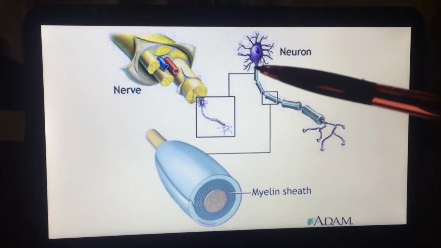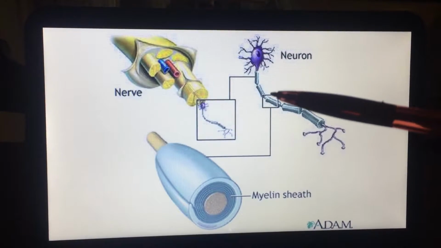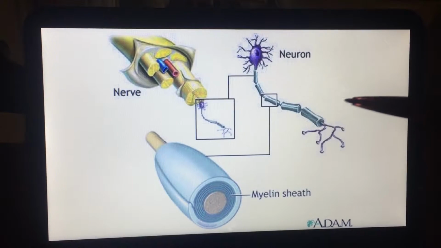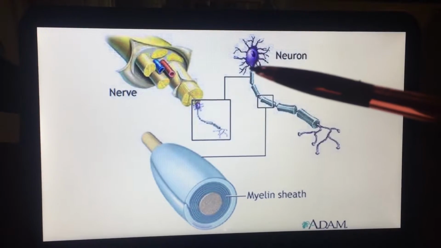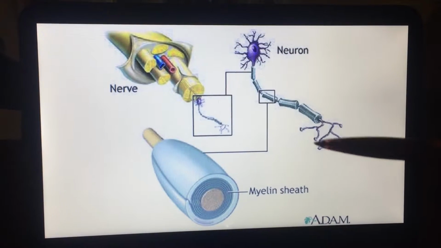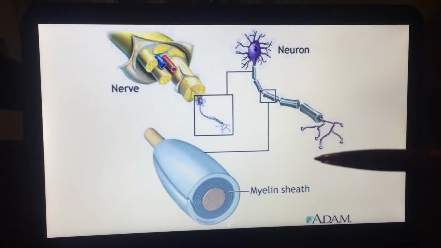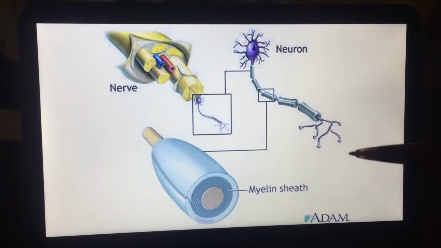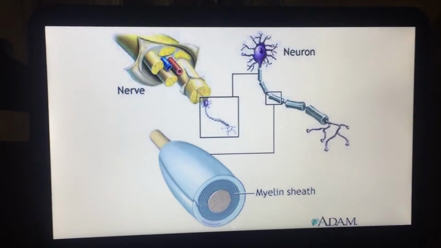So I could also say it as sodium in, potassium out, sodium in, potassium out. Once those events reach the terminals here, a neurotransmitter will be released from the terminal, and that will bind to the next neuron or organ and either stimulate the next nerve impulse or organ movement.